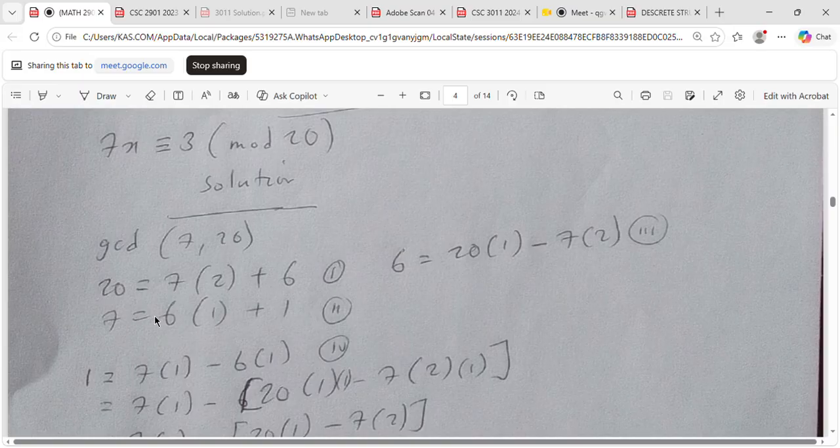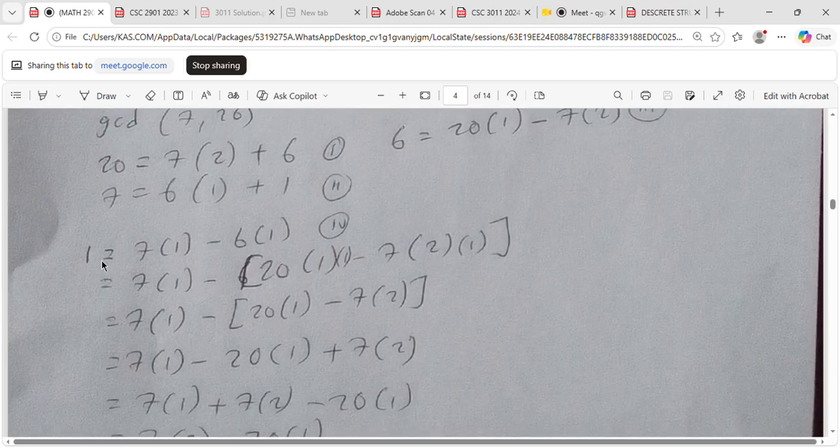Then always start with the downmost equation, which is 1 equals 7 times 1 minus 6 times 1. Now look for other equations whose remainder is one of these. So look for 7. Was 7 a remainder?